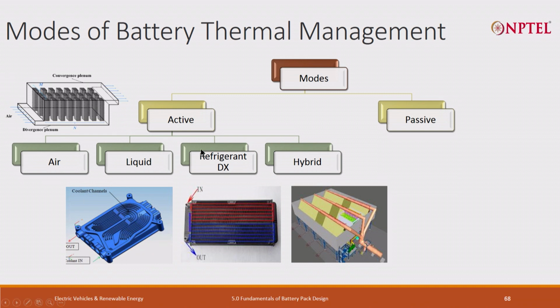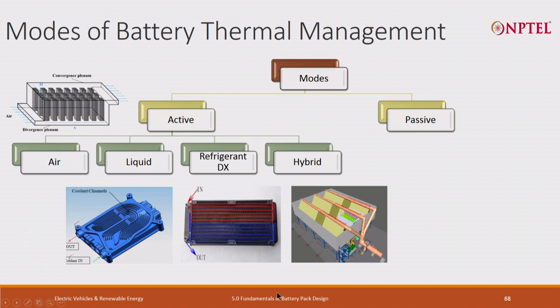But in most places it becomes difficult to use only the refrigerant system. So, we use a combination of either refrigerant and air, or refrigerant and liquid cooling, and when we do such things, it becomes a hybrid system. In the hybrid system, one side is always refrigerant, the other side could be air or liquid.